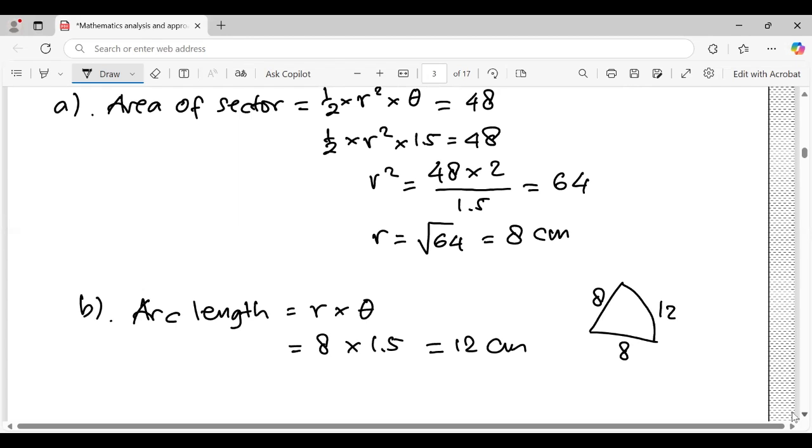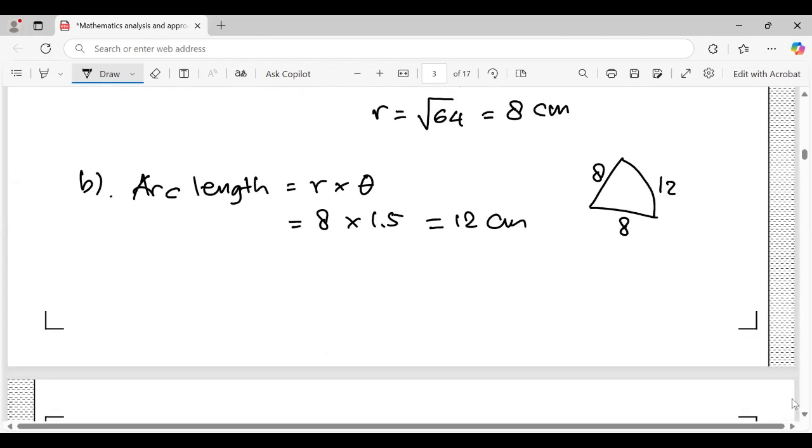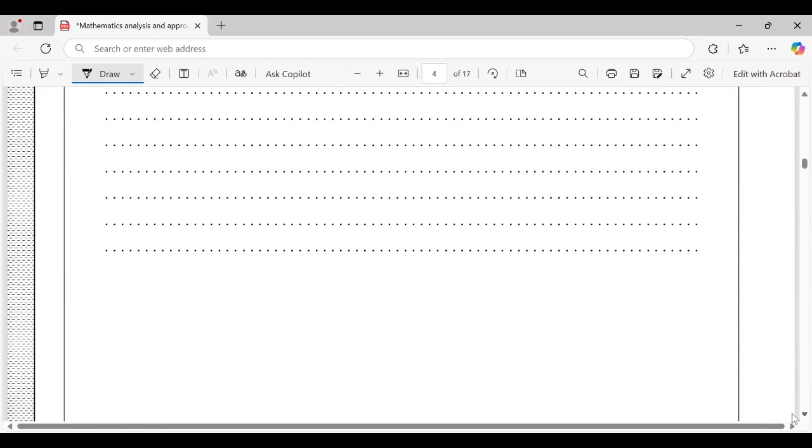So we can determine the perimeter: 8 plus 8 plus 12. It is 28 centimeters. That's number one.